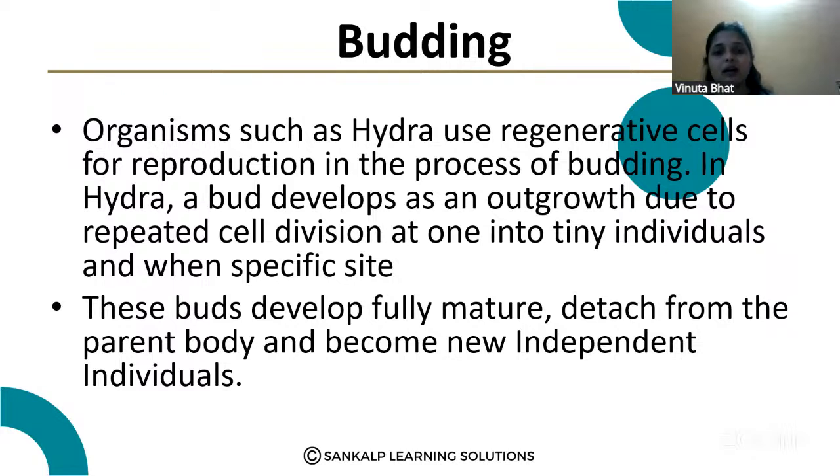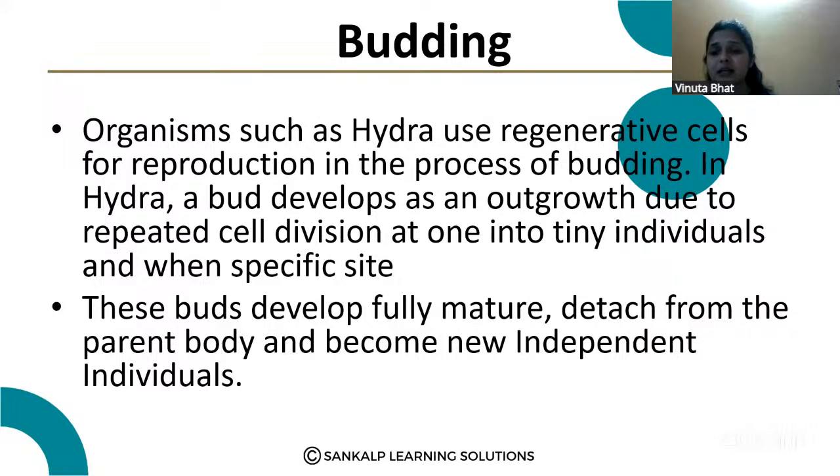So in Hydra and in yeast also, there is a special type of asexual reproduction found, that is called budding. In Hydra or in yeast, a bud develops as an outgrowth due to repeated cell division at one specific site into tiny individuals. These buds develop fully.